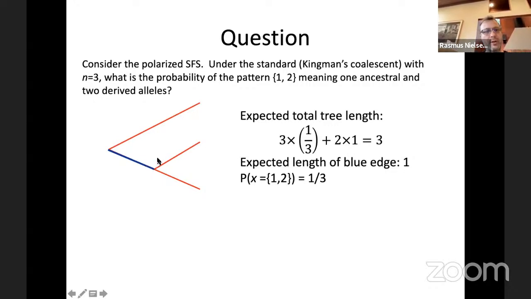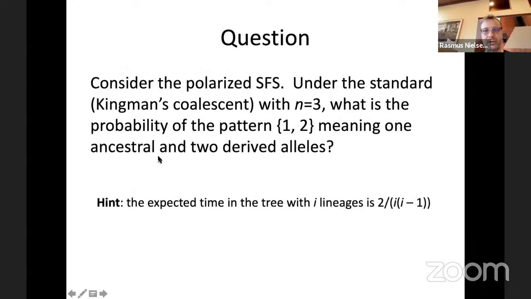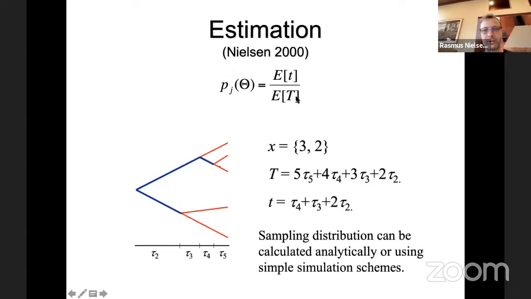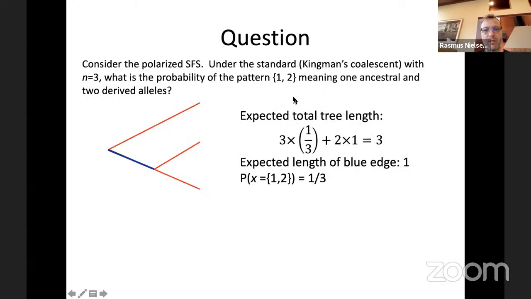And the total tree length we have to then calculate first. That's this denominator here. We have to calculate the expectation of this total tree length. Well, that's just the total expected time of all of these lineages.